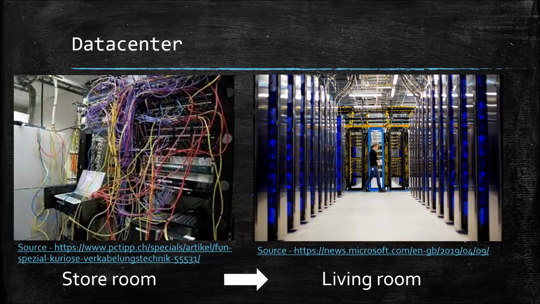So let's dive into what we have today. I'm sure you're familiar with the image on the left. It's popularly known as a network room, server room, and all that, but it's a data center. What we're going to learn today is how we move from this data center that looks like a storeroom to a data center that looks like a living room.